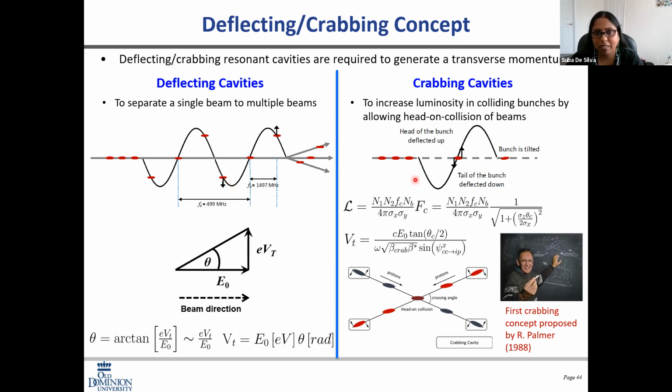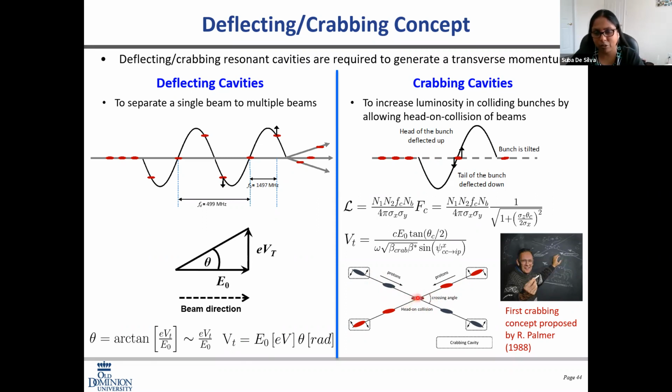Then the crabbing concept is used mostly in particle colliders. It can be circular colliders or even linear colliders, such as the ILC. What you want is for the two bunches to collide head-on instead of colliding at an angle, because the bunches come at an angle, which is called the crossing angle.